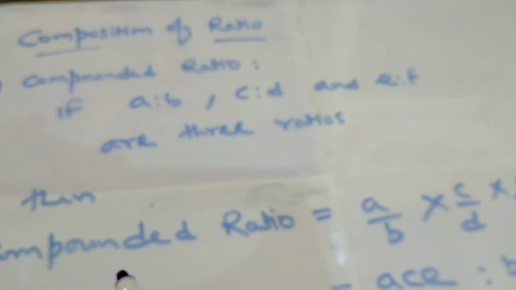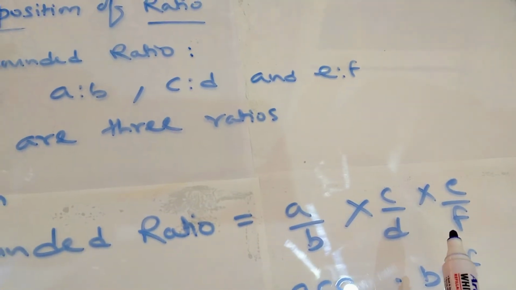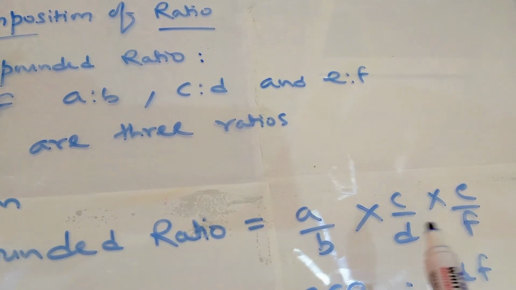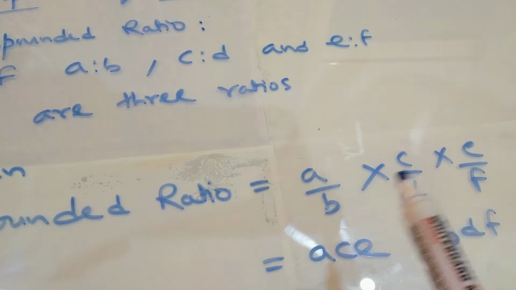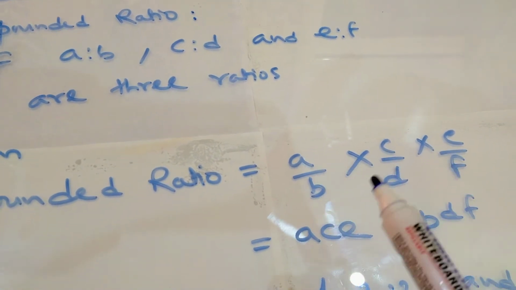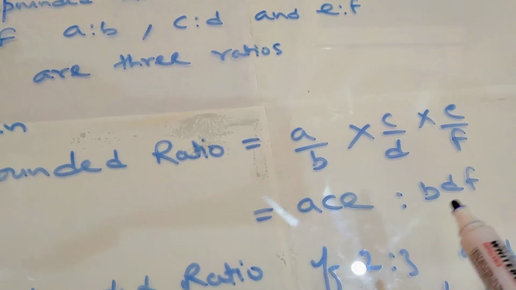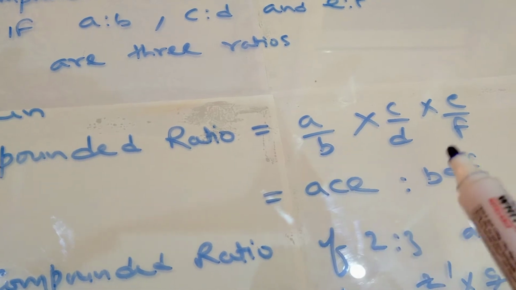So the compounded ratio is basically ratio 1 multiplied with ratio 2 multiplied with ratio 3. All three ratios will multiply together. If anything is common, we can cancel it out. Otherwise, you should write ACE upon BDF, the multiple of numerators upon the multiple of denominators. So compounded ratio is one more ratio.